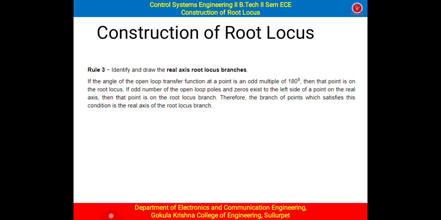So here, on the real axis there may be some poles and zeros. In some cases there may not be. In that case there will be no root locus branch on the real axis.